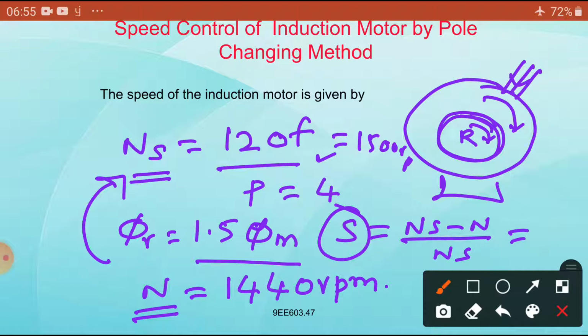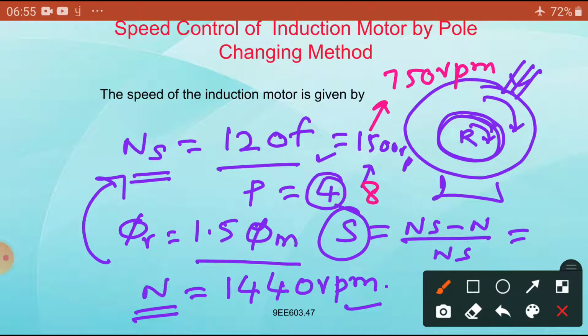So here the concept: P is equal to 4 poles. Instead of 4 poles, if I place 8 poles, for example P is equal to 8 poles, what is the speed? The synchronous speed will decrease to 750 rpm.